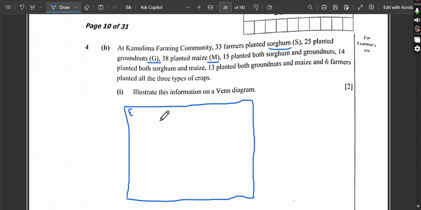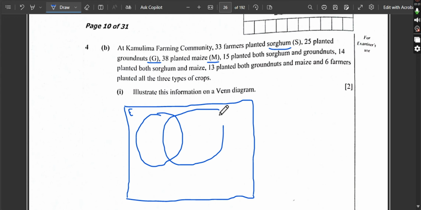I'm going to start with the one for sorghum, then the one for groundnuts, and then I can put the one for maize down here.